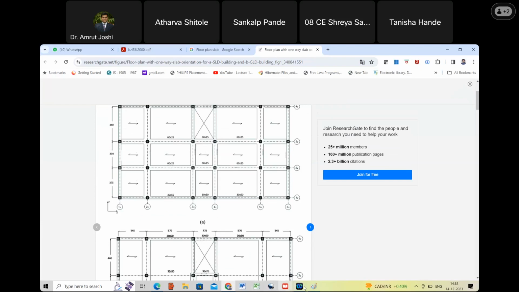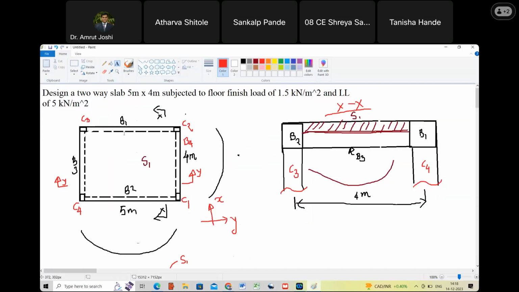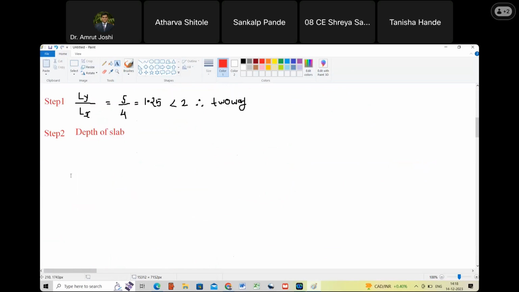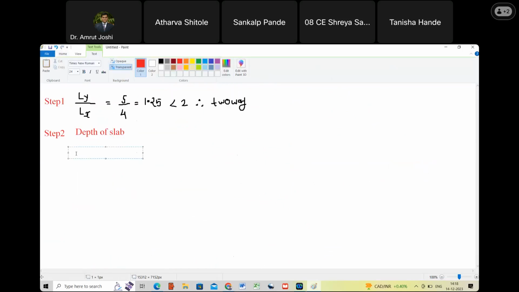Okay. So now if there is no such boundary condition given in the problem, we will make an assumption that this is the slab with all edges discontinuous. Are you with me?